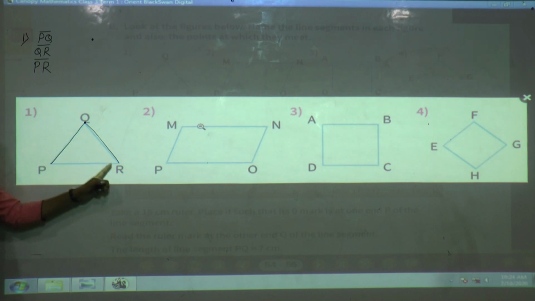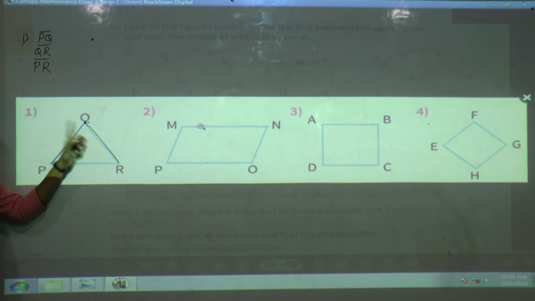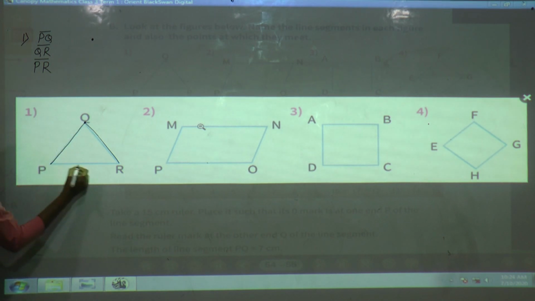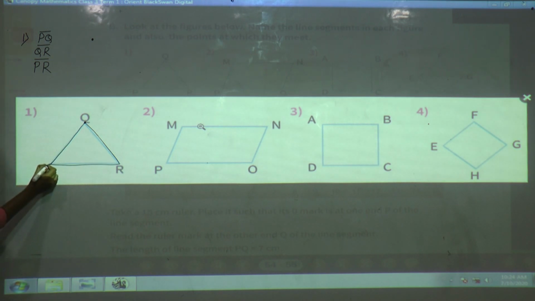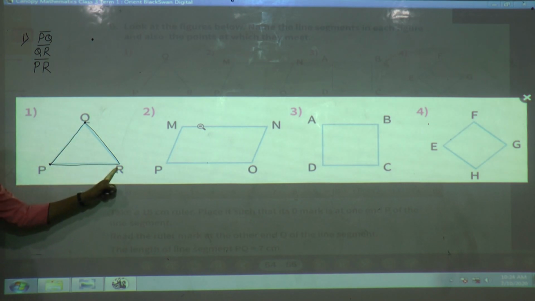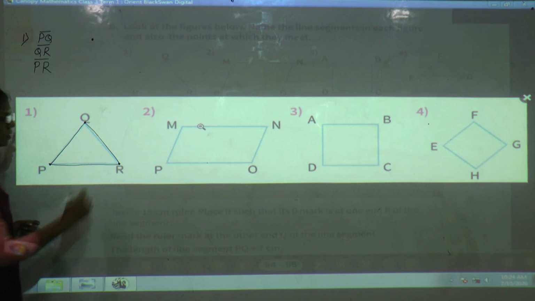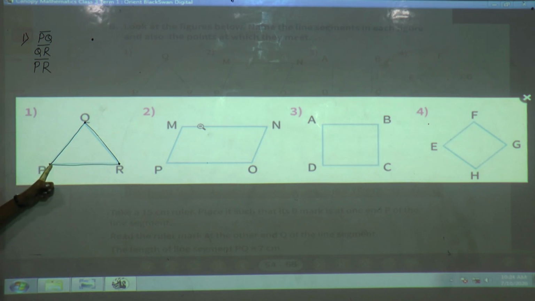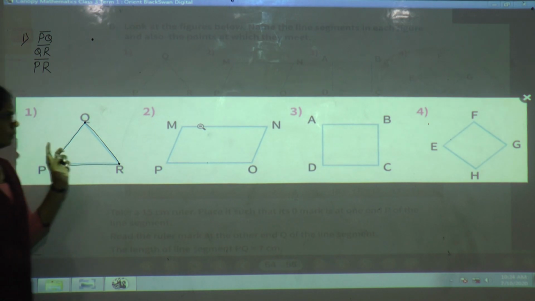So PQ and QR, these 2 line segments can meet at Q. Now the line segments PQ and RP can meet at point P, and the remaining line segments QR and PR can meet at point R. So in this way the line segments can meet at different points.